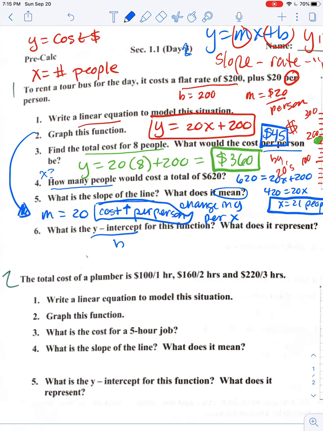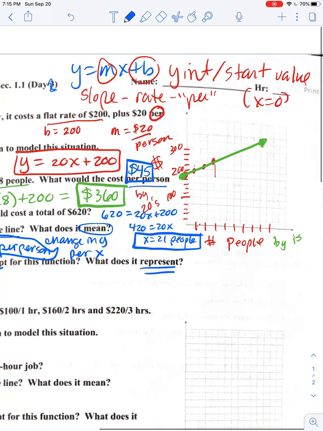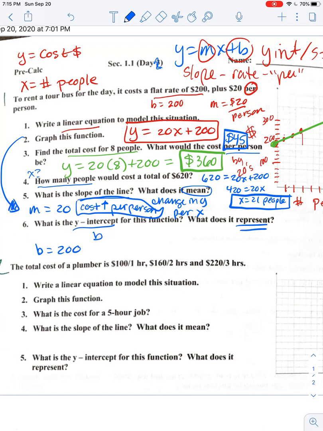Alrighty, what is the y-intercept or b value? Good thing I have a ton of room here. The y-intercept or b value is going to be 200. What does it represent? Well, like I talked about up here, your b value is your start value when x is 0. So for us, x equaling 0 would mean that is the cost when the number of people equals 0.